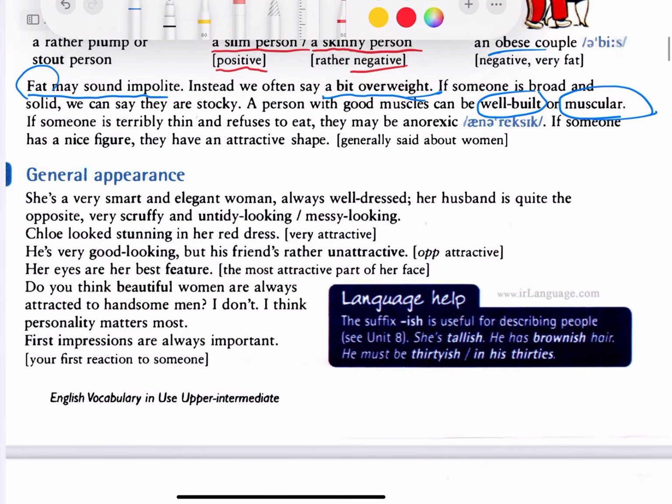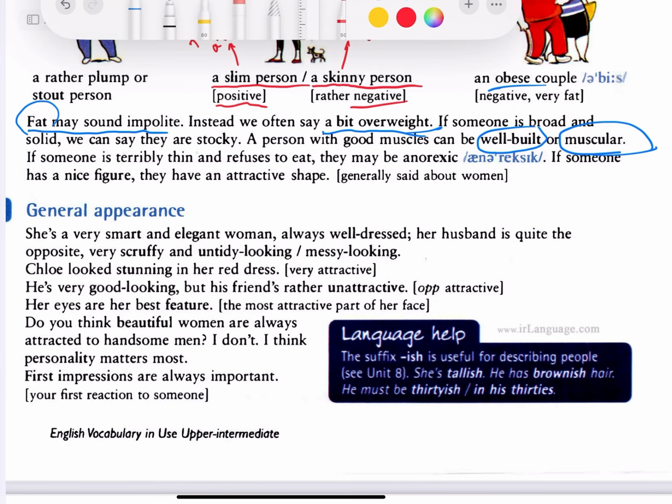Now let's talk about vocabulary related to general appearance. Well-dressed. What does well-dressed mean? Well-dressed means a person who wears good clothes and looks fashionable.